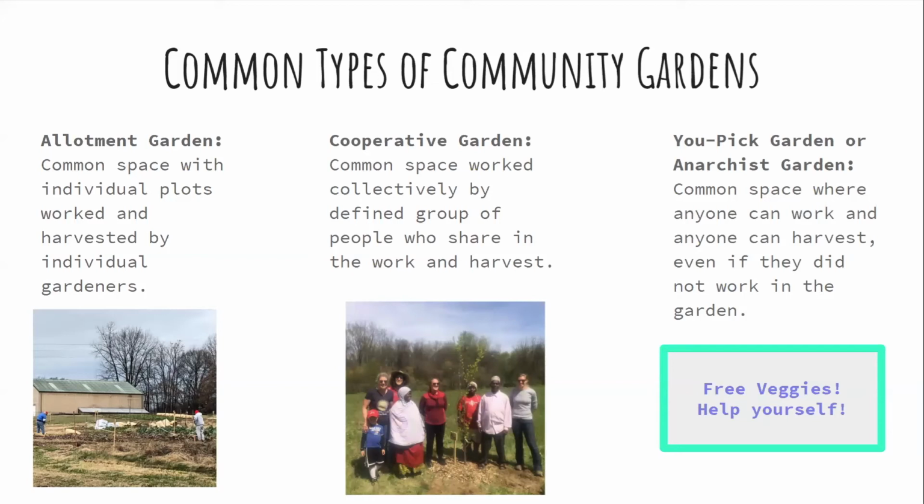Anyone can show up in that garden and plant whatever they want, and anyone can show up and harvest whatever they want. It doesn't matter if you never work in it, you can harvest from it. And if you never harvest from it, you can still work in the garden. So that is the third type of garden.